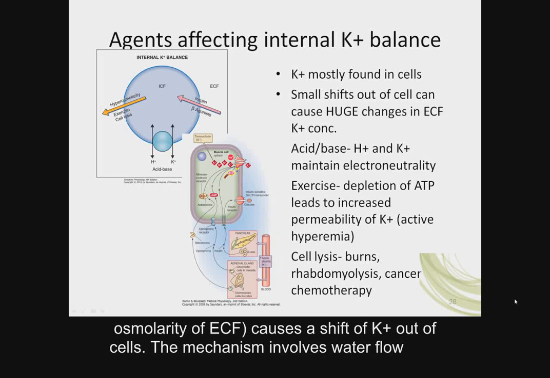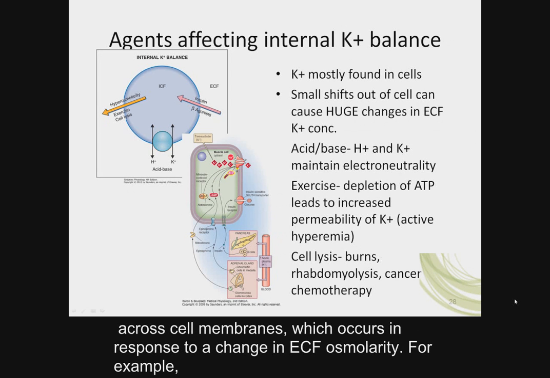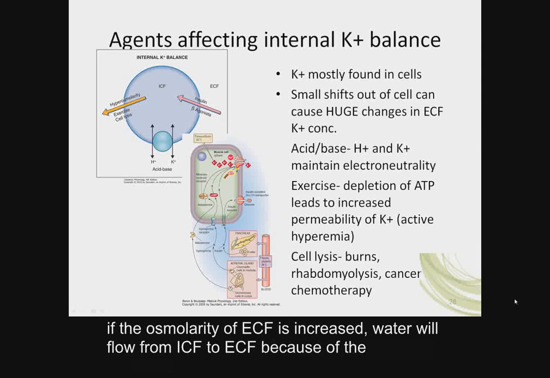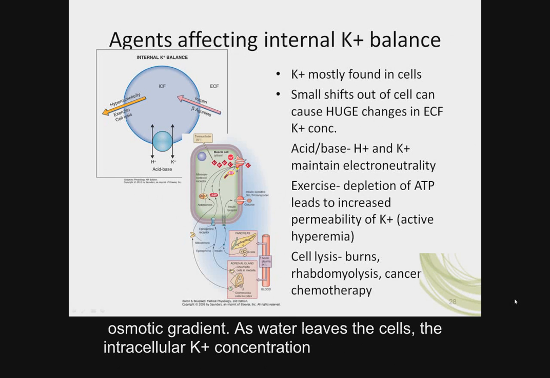Hyperosmolarity, increased osmolarity in the extracellular fluid, causes a shift of potassium out of cells. The mechanism involves water flow across cell membranes, which occurs in response to a change in ECF osmolarity. For example, if the osmolarity of ECF is increased, water will flow from the ICF to ECF because of the osmotic gradient.